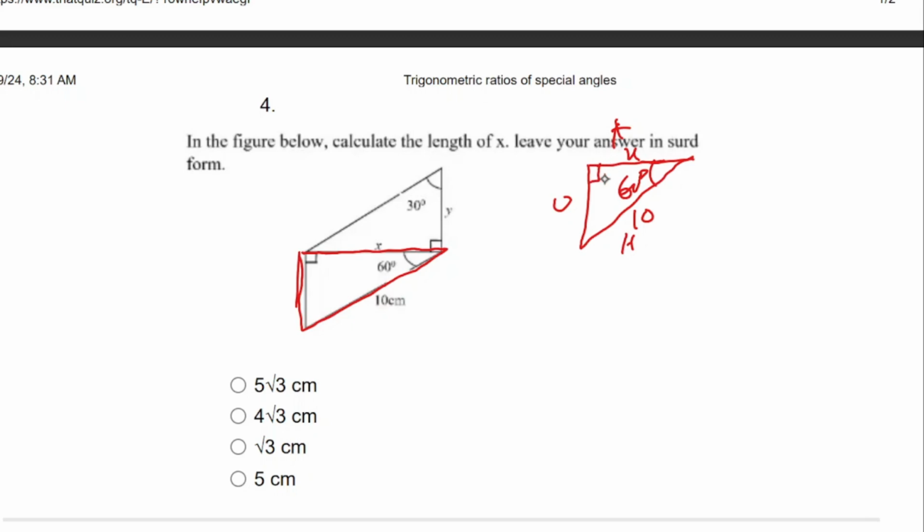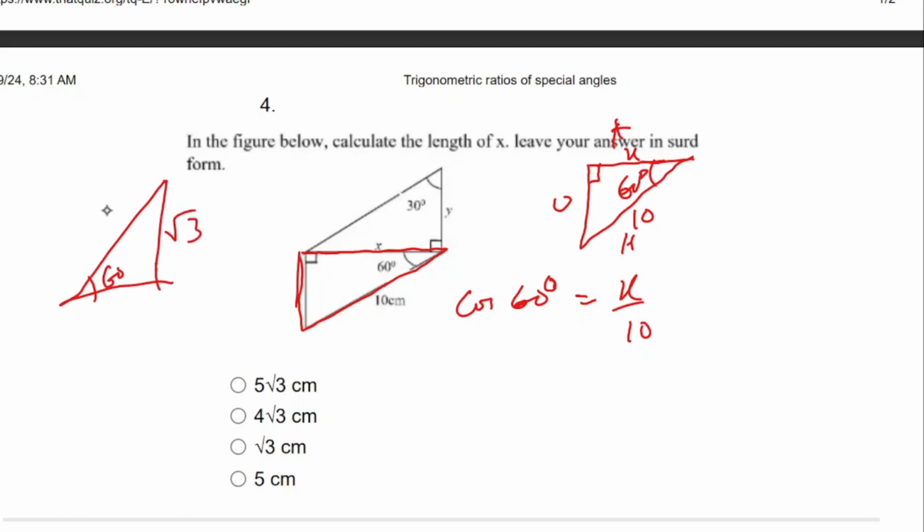So in this case, cos 60 degrees equals adjacent x all over 10. We want to leave our answer in short form. This is 60 degrees again, so we can come up with this: this is 60, this is root 3, this is 2, this is 1.